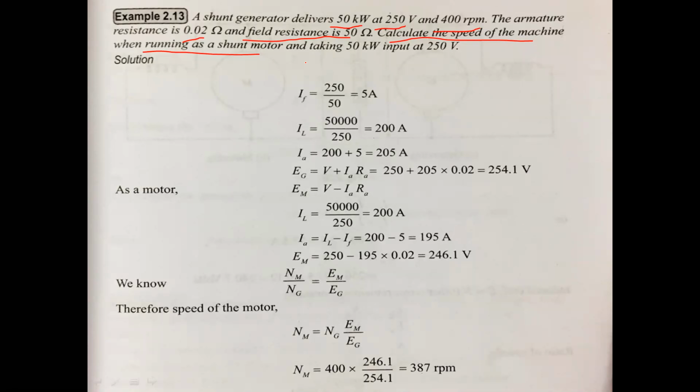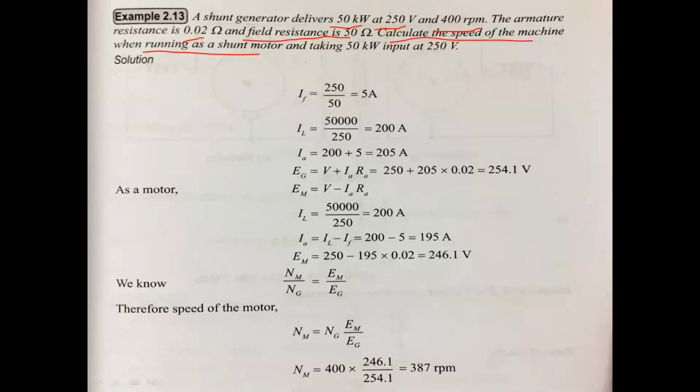First case, machine acts as a generator. Second case, machine acts as a motor. This problem is a combination of generator and motor. Two cases are combined. In the first case, a generator delivers 50 kilowatts at 250 volts at 400 RPM.